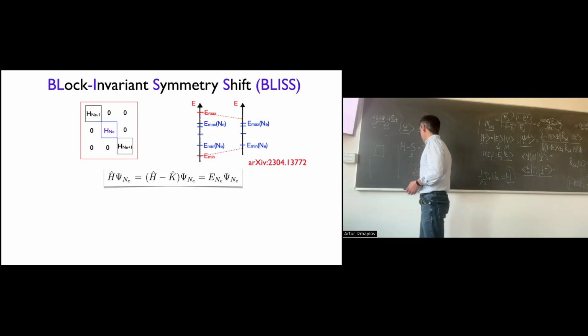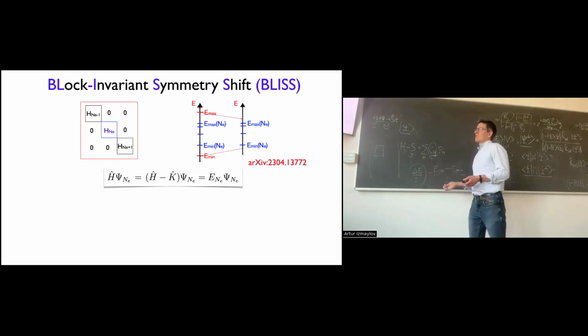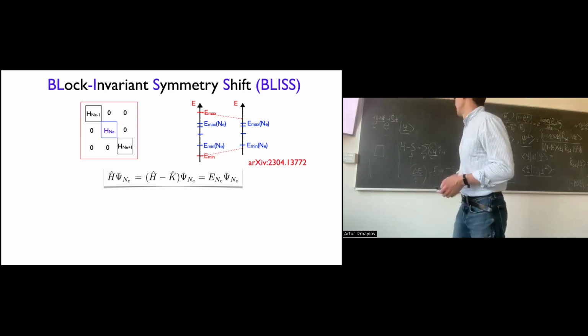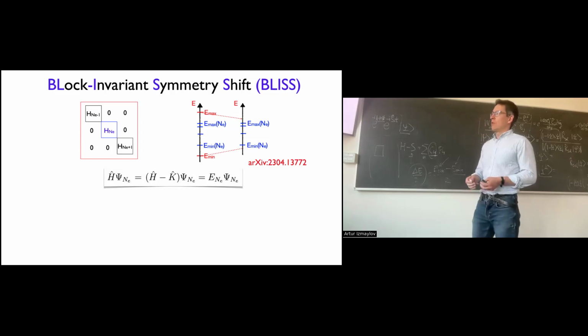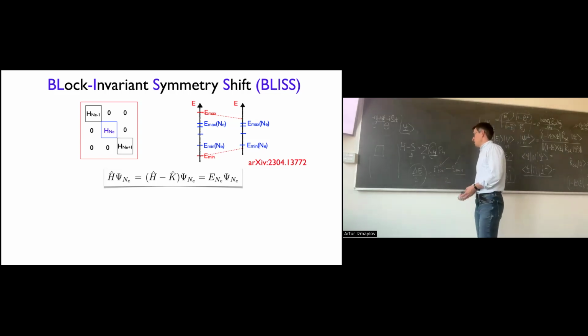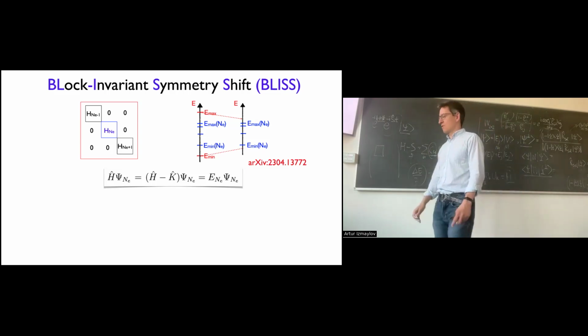The spectral range is simply the difference between the maximum eigenvalue and the minimum eigenvalue of the Hamiltonian in the entire space. But we are not interested in the entire space. We're interested only in, say, a certain number of electrons, right? So if some other number of electrons changes these values, making this one larger, this one smaller, we will suffer because of that, even though we are not in the business of estimating the eigenvalues of the Hamiltonian with the wrong number of electrons, right?